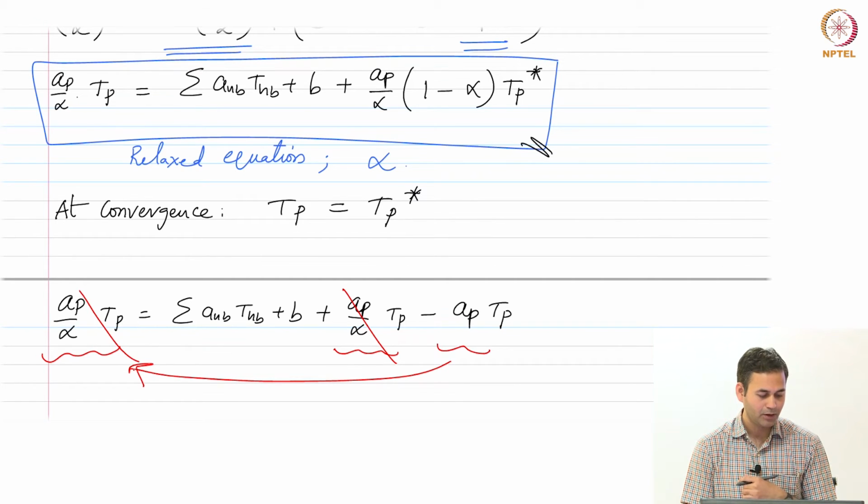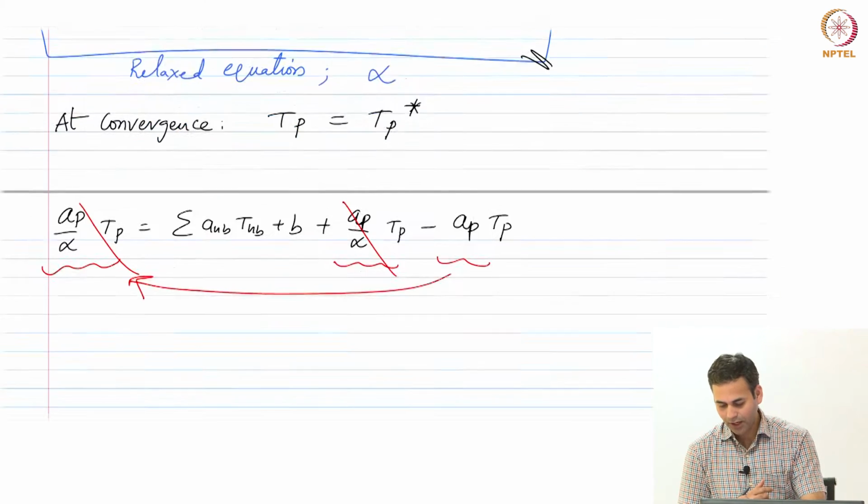Now what have we done by doing this process of alpha? Have we changed the final solution? No. Have we changed the path to the solution? Yes. Instead of climbing the hill directly, we have taken a detour and then climbed it.